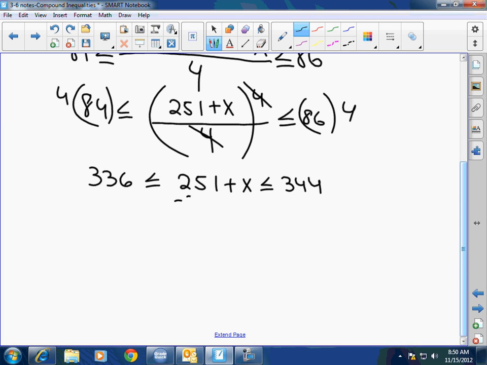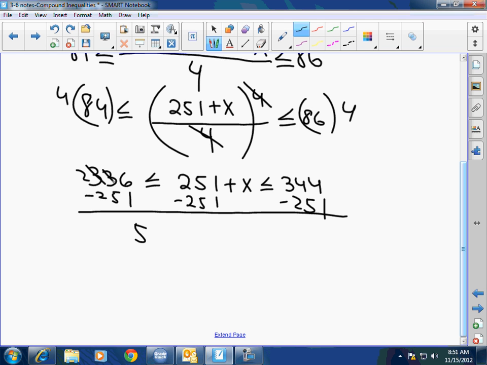Now, I'm going to subtract 251 to both sides, to all sides actually. Bingo. So we got 5, got to borrow, that's a 13, so that's an 85. And we got a 3, got to borrow, so that's a 93.